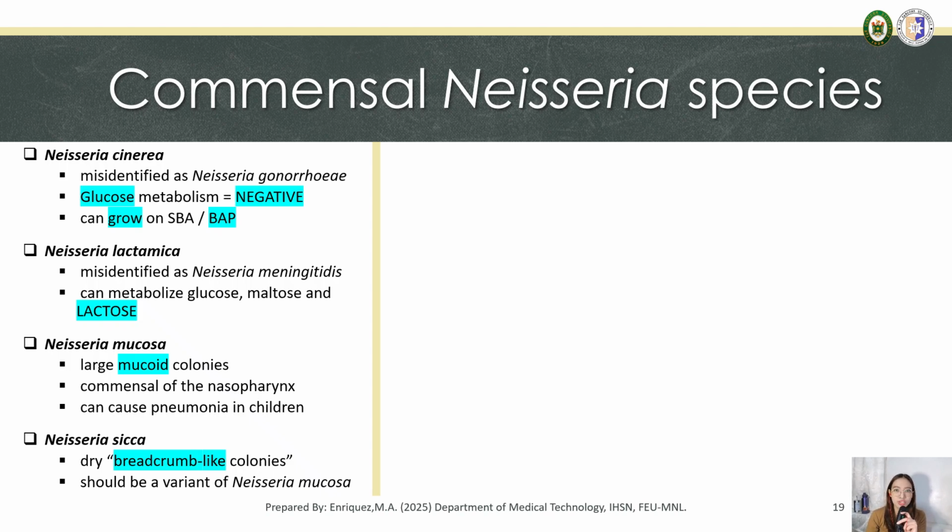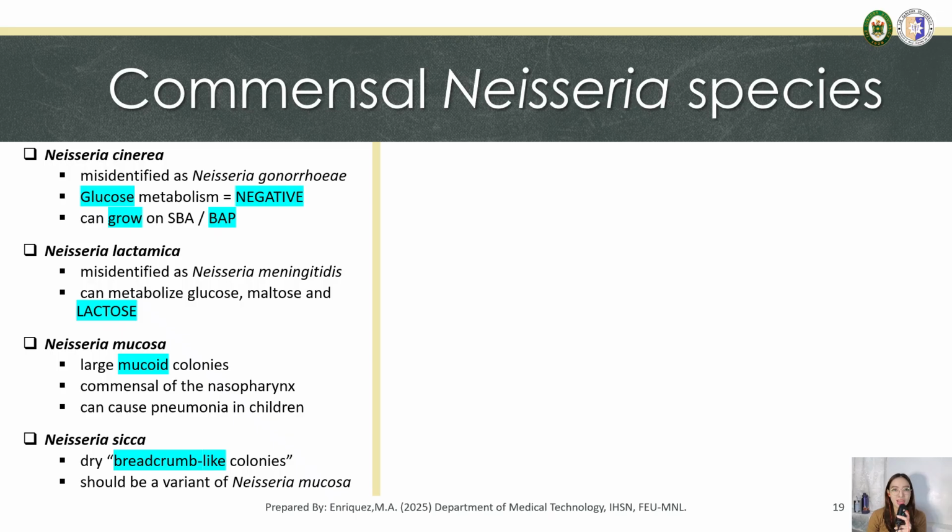The colony morphology of Neisseria cinerea is also similar to the T3 colonies of Neisseria gonorrhoeae on chocolate agar. Although, here's the difference. Neisseria cinerea grows on SBA, whereas Neisseria gonorrhoeae cannot grow on SBA.